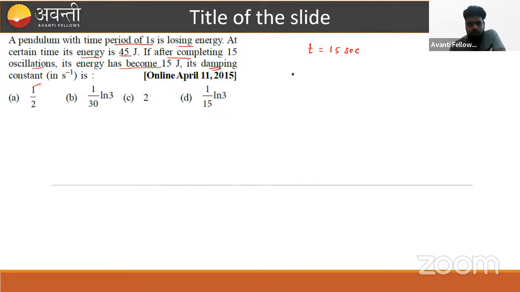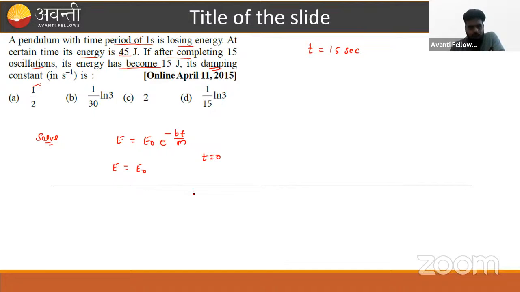So if we write down the formula of energy, how can we write it? E equal to E naught e raised to power minus Bt upon m. Initially the energy is 45 joule at a certain time, say t equal to 0. So at t equal to 0, the energy is E equal to E naught.